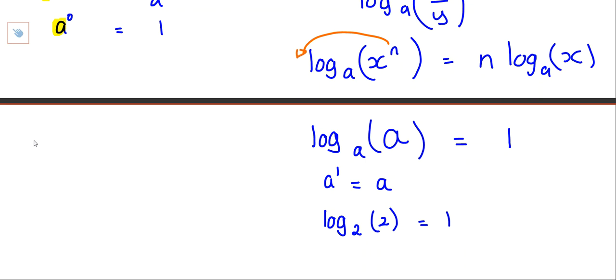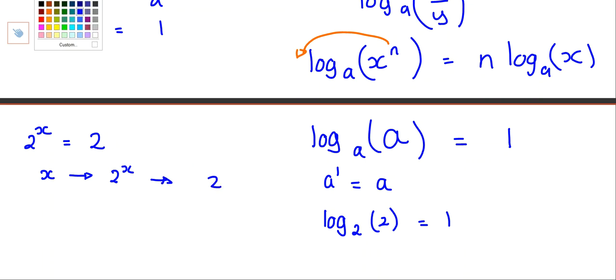Remember I was saying that if we have 2 to the power of x equals something, I'm saying 2 to the power of x equals 2. So what value of x would give me that? If I were to do the inverse, I'm saying what value of x goes into 2 to the power of x to give me the 2.